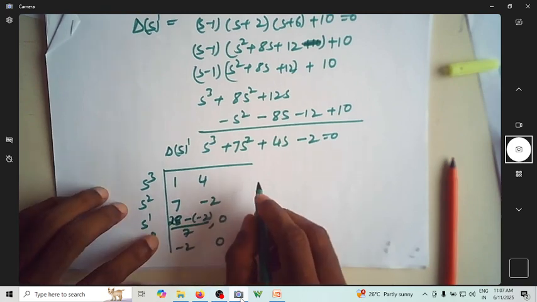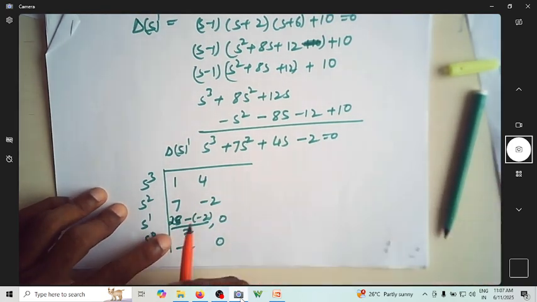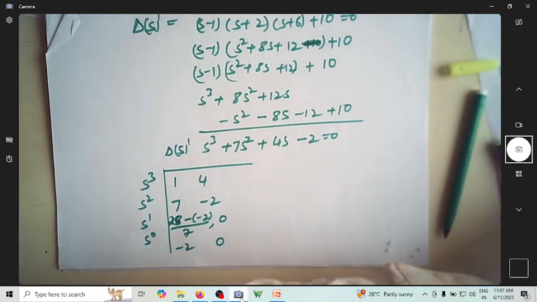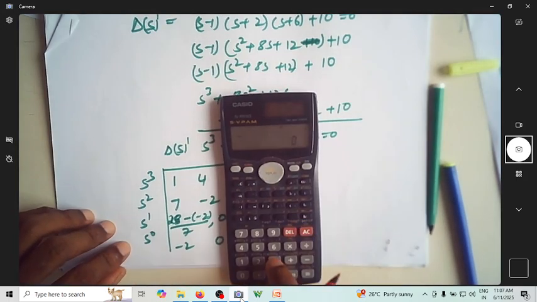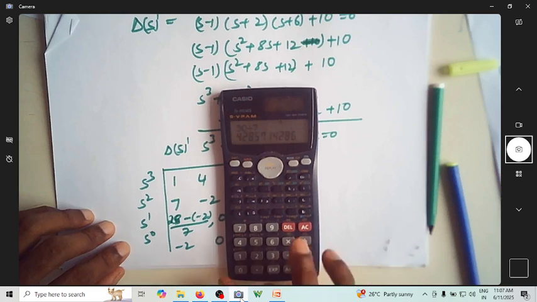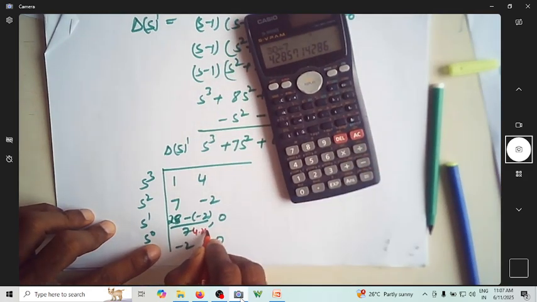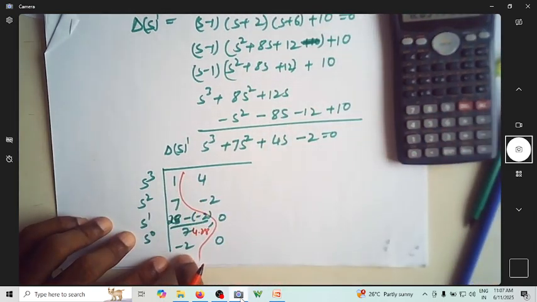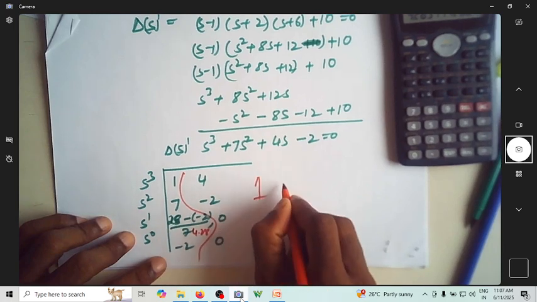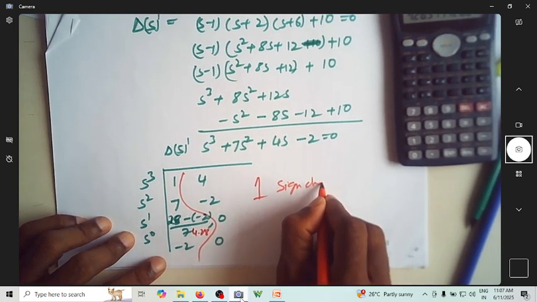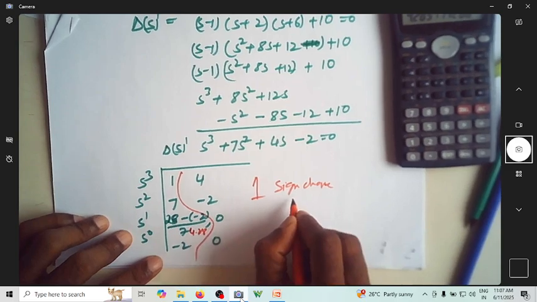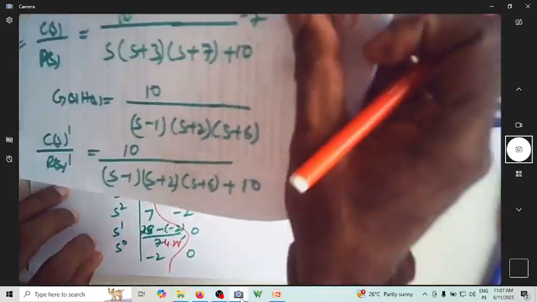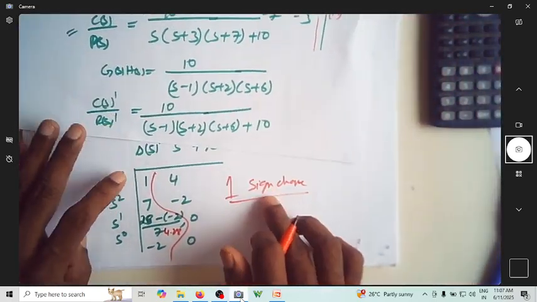Can you see this is now coming out to be a positive number? 30 by 7 is about 4.3. If you look at the first column, there is only one sign change with this axis shifted. What does this mean here?